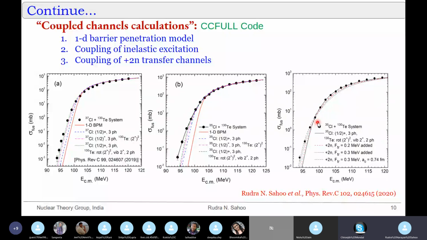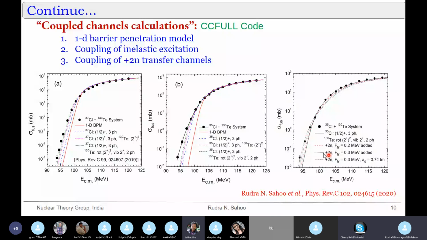Yes, this is actually the question people ask, because you can see here we are taking transfer factor 0.2, transfer factor 0.3, and matching with the experimental data. But in principle, if we measure the transfer cross section of each neutron transfer channel for both systems, then we can easily say what this neutron transfer factor is, and up to how many percent below the barrier the neutron transfer is actually effective towards sub-barrier fusion.